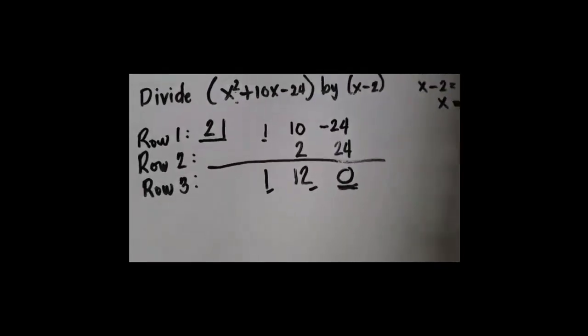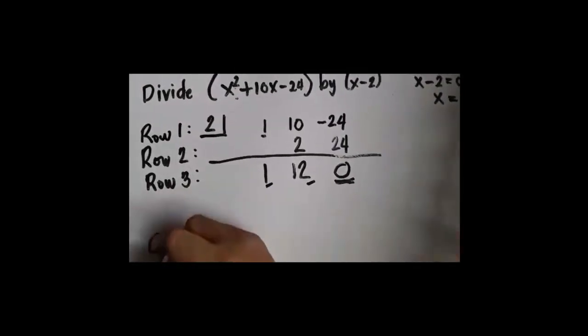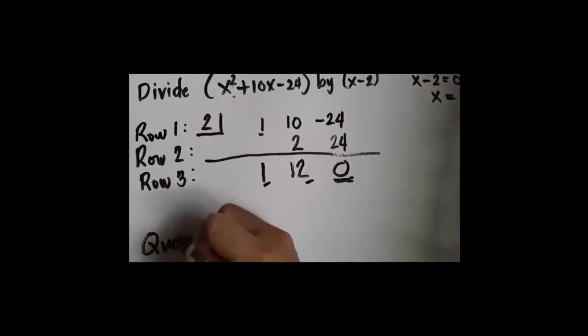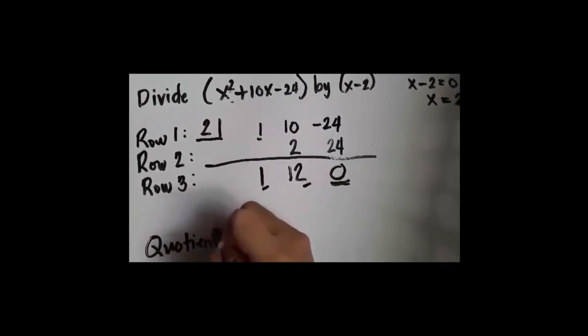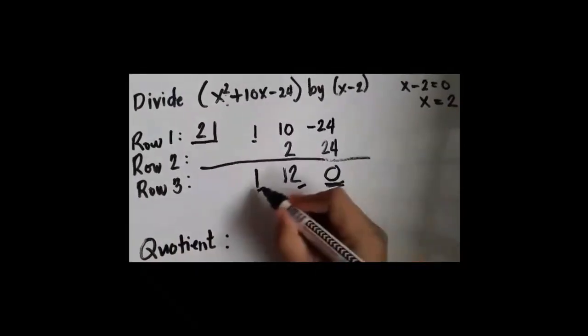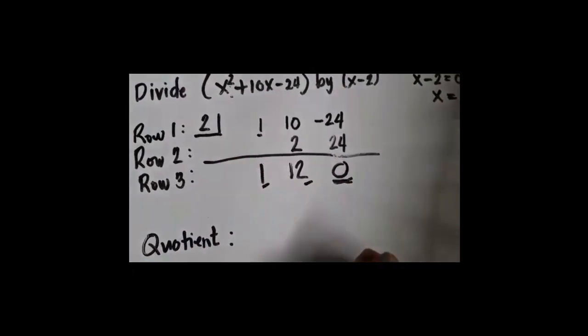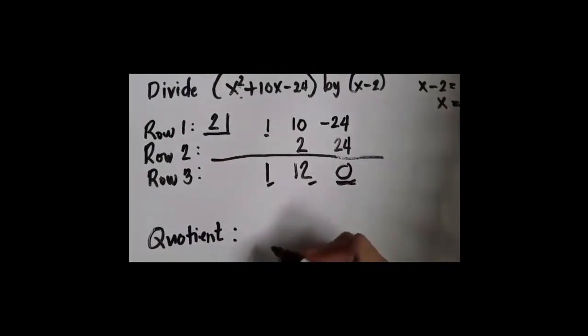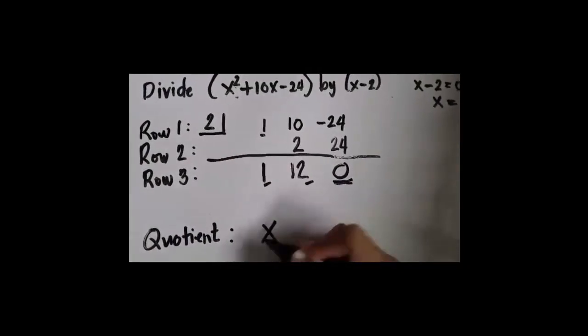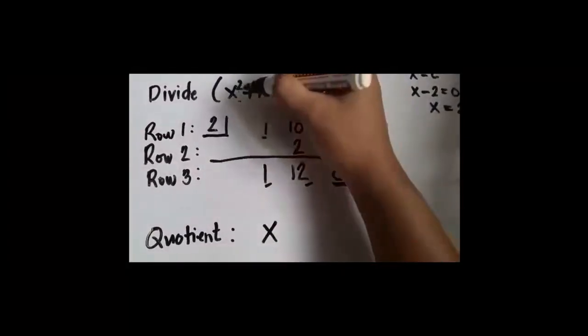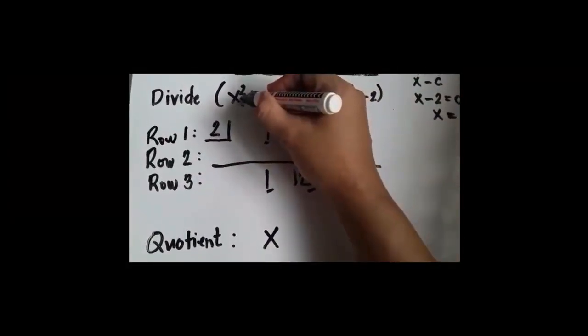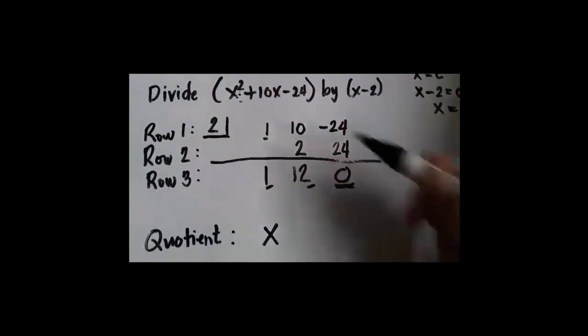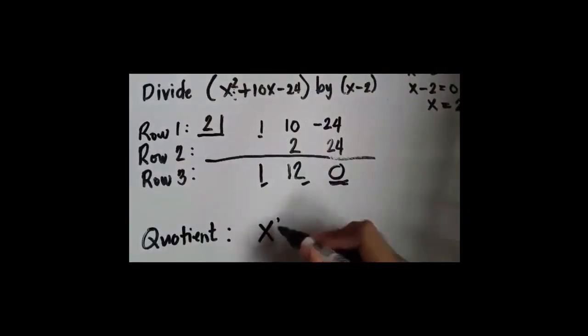So, let us write the quotient. So, the quotient is equal to, since the numerical coefficient is 1, so no need to write 1, just simply x. At sabi nga kanina, less than 1 base doon sa kanyang dividend. Kung ito yun, so dito magiging 1 na lang.